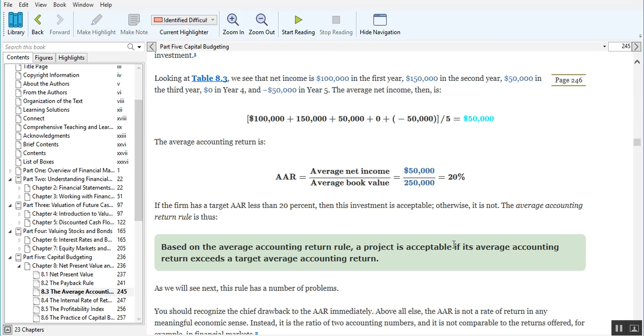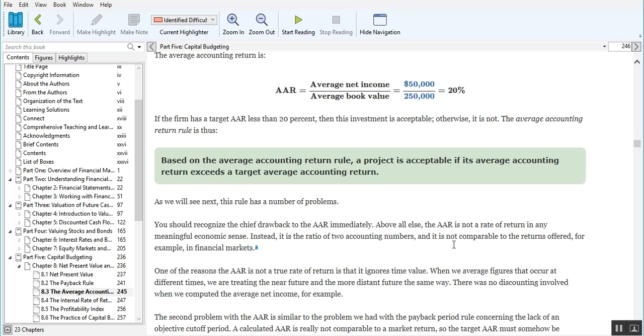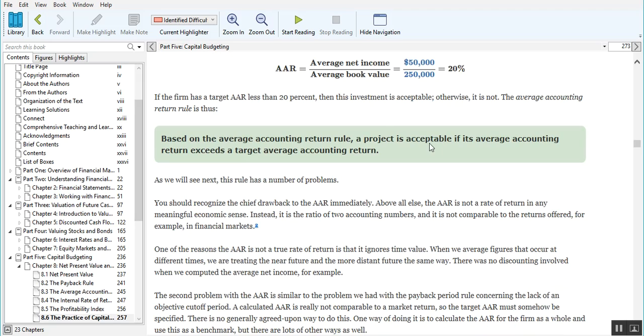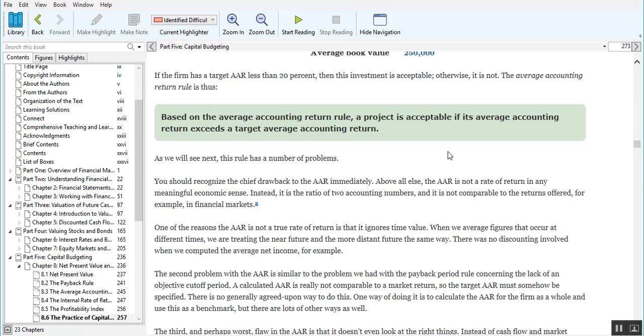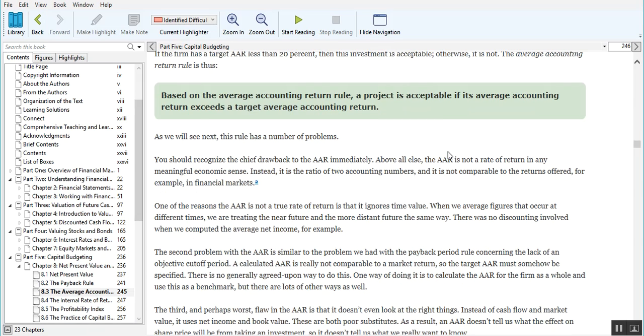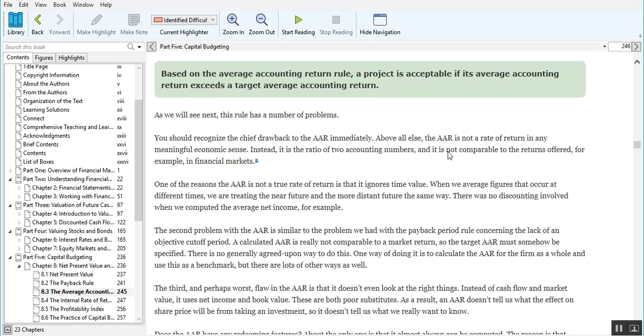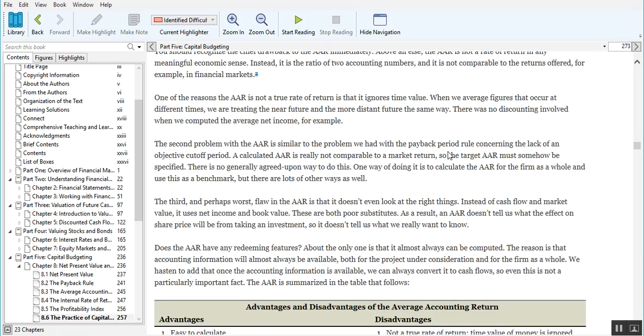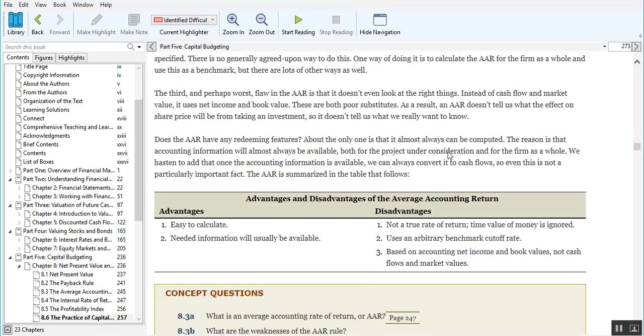So the average accounting rule is just basically this. Based on an average accounting return, a project is acceptable if the average accounting return exceeds a target average accounting return percentage. And again, that may be rather arbitrary. The firm may decide, well, we want an average accounting return of 25% or 20% or whatever.